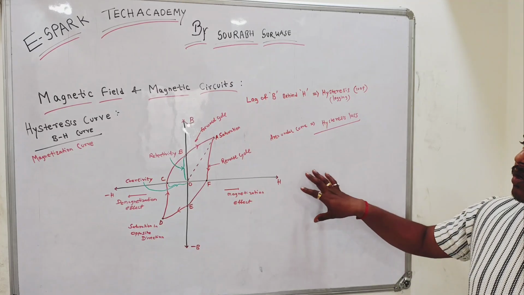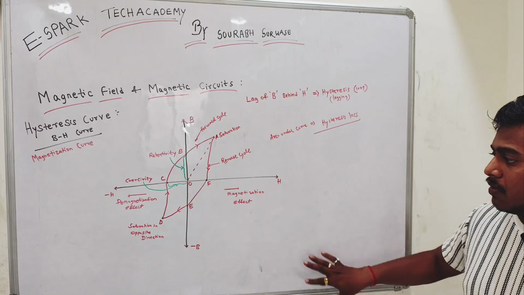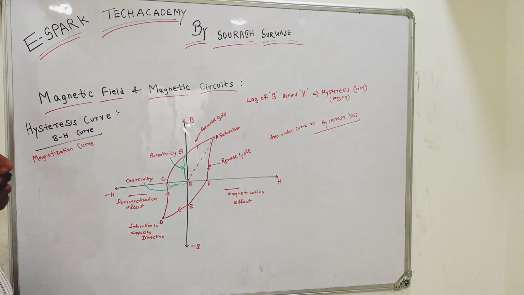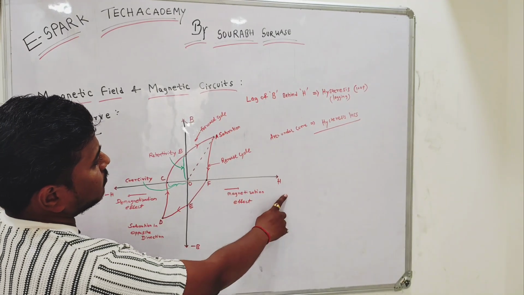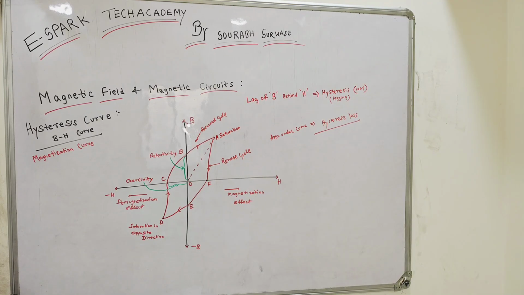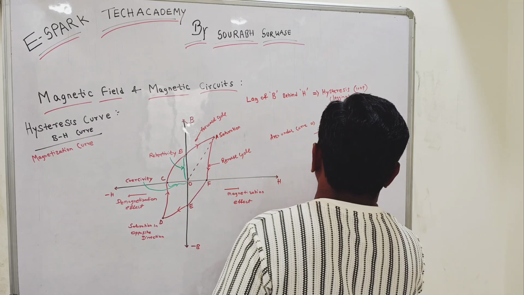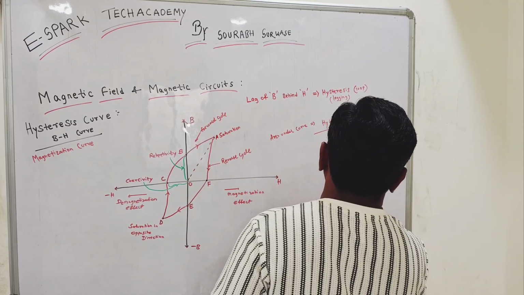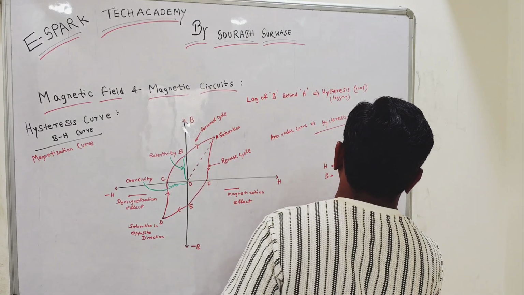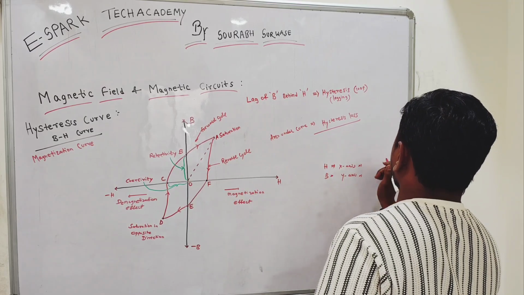Today we will be going through a BH curve, the magnetization curve, or you can also say the hysteresis curve. Now, in this case, we have just plotted a graph where the x-axis is H, the magnetic field strength, and B is the magnetic flux density, which is the y-axis.